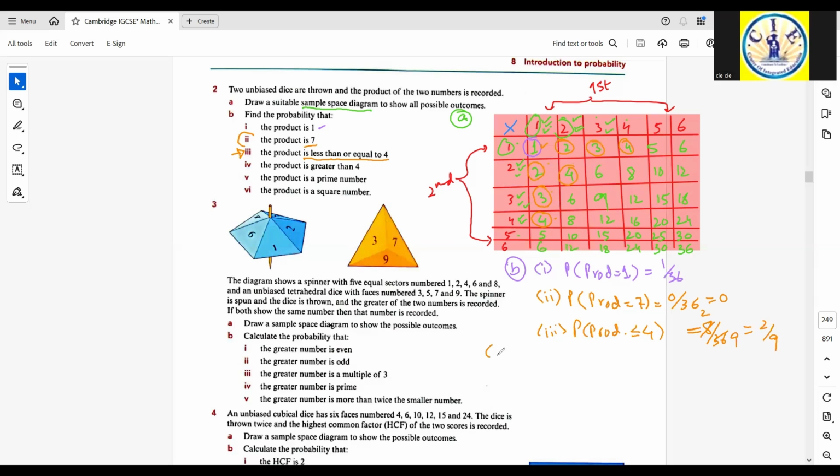Then part 4, the product is greater than 4. Since 8 times the product was less than or equal to 4, for product greater than 4, we have 36 minus 8, that is 28 by 36.